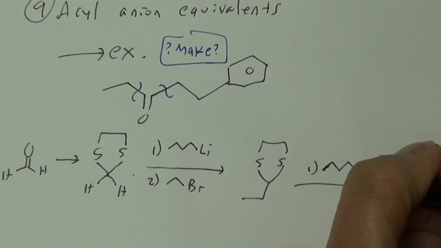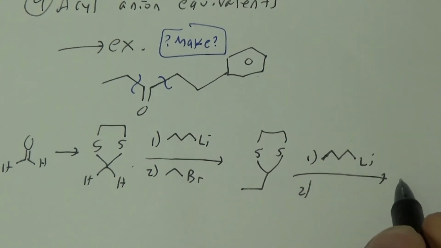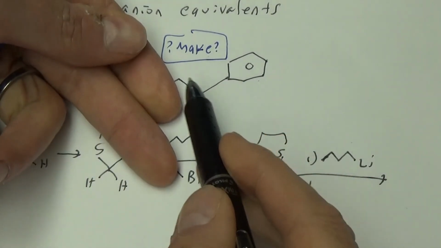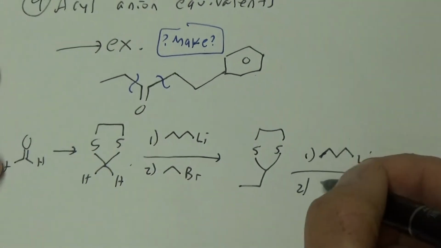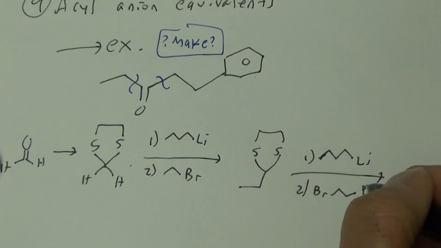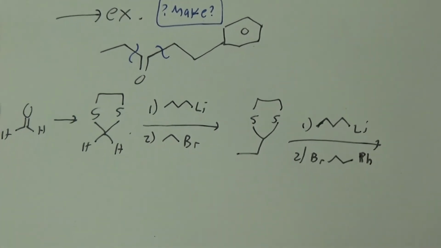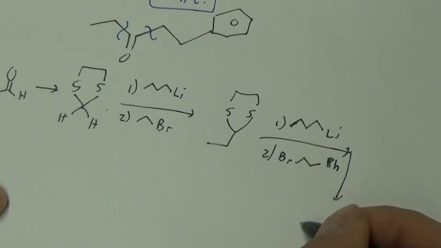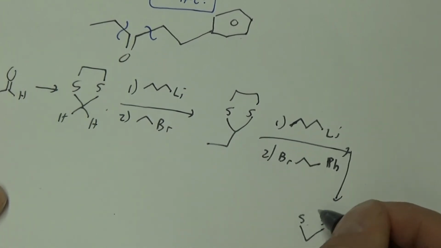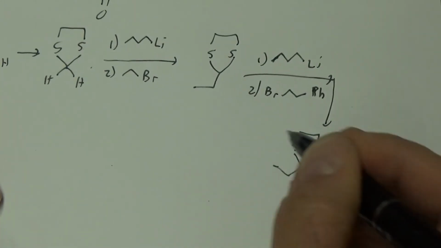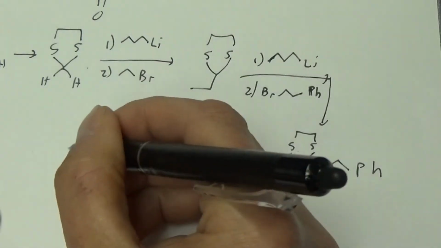Butyl lithium, and then it's like that benzene two carbons leaving group, Ph for benzene. Alright. So now we got our ethyl and the other piece. And how do we just pop off that thing to make the ketone?